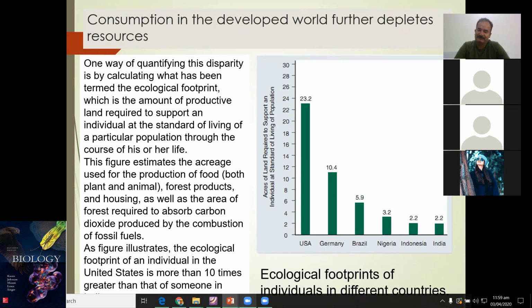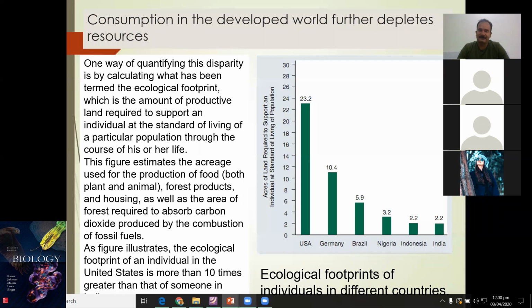One big disparity is that developed countries are exploiting more and more resources, and developing countries exploit limited resources. For this purpose, ecological footprints of individuals in different countries have been developed.